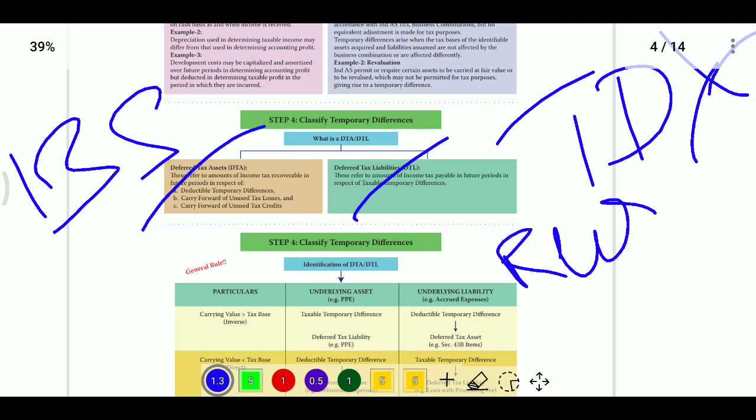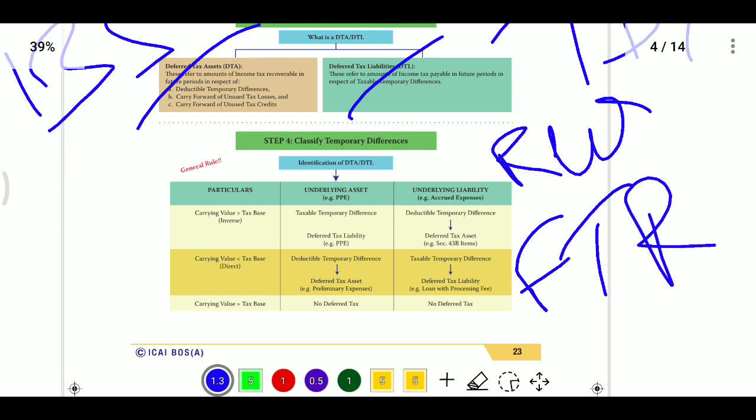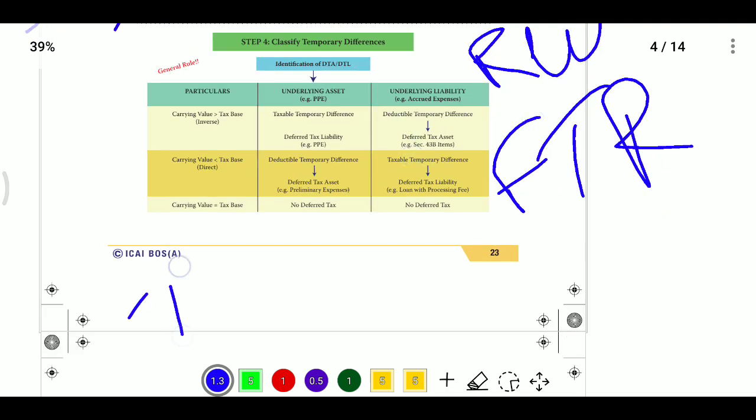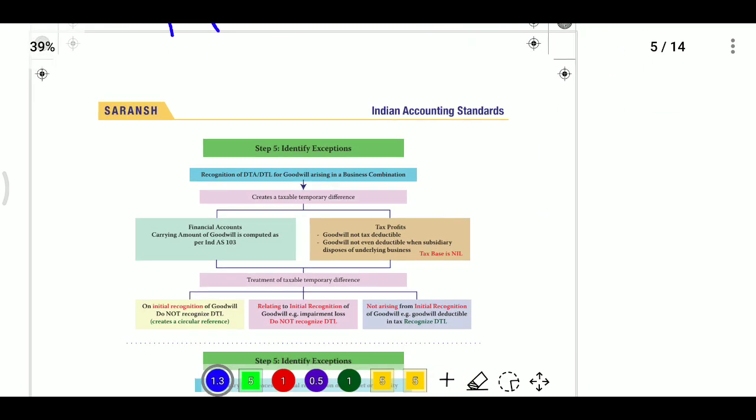The tax rate to be used for calculation of DTA or DTL for future is the tax rate specific to the transactions, that is, the substantially enacted tax rate will be used. Substantially enacted tax rate means the tax rate announced by the government before the balance sheet date for the upcoming year.